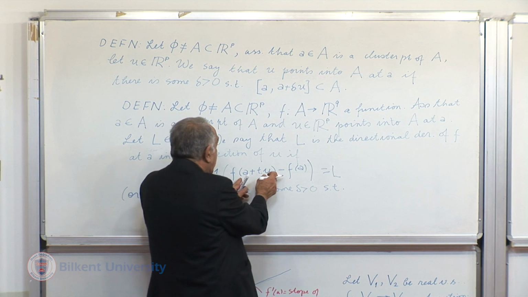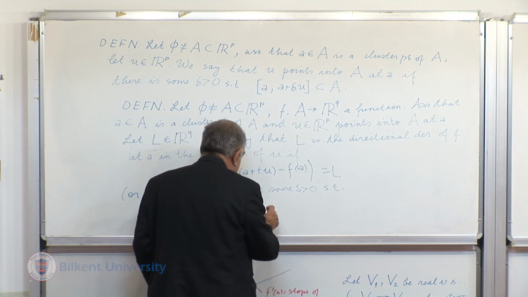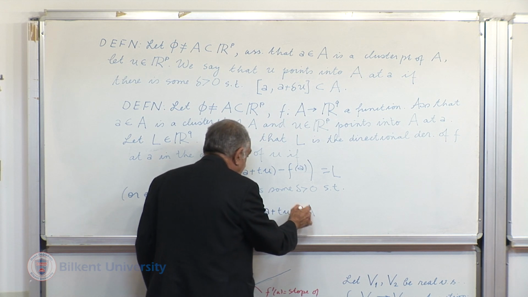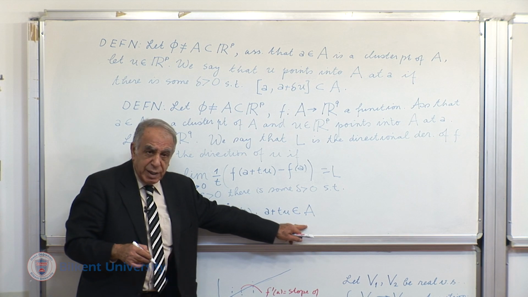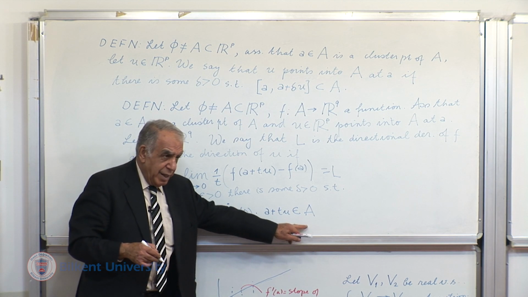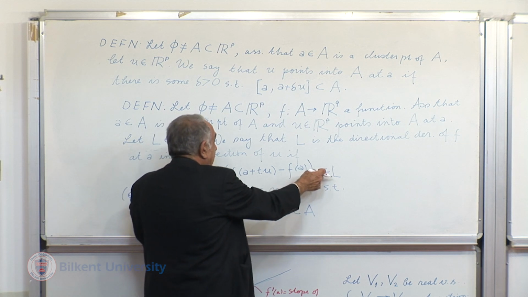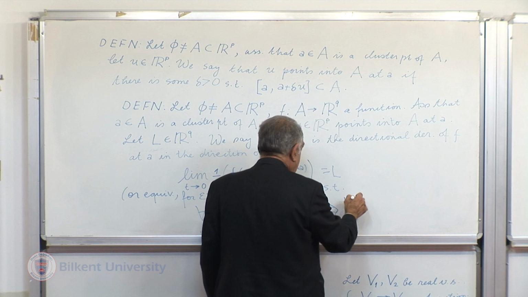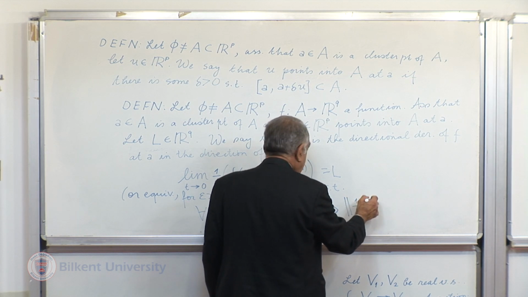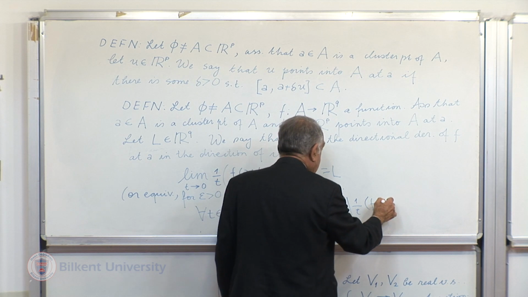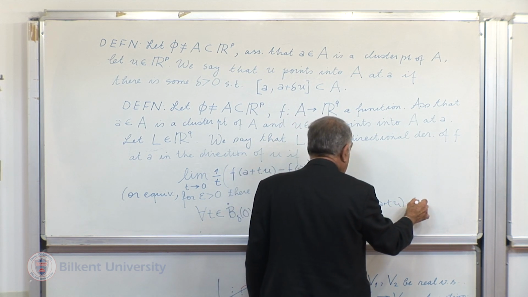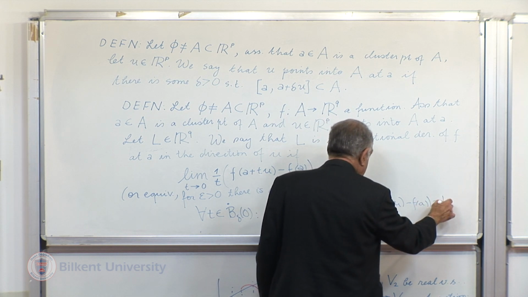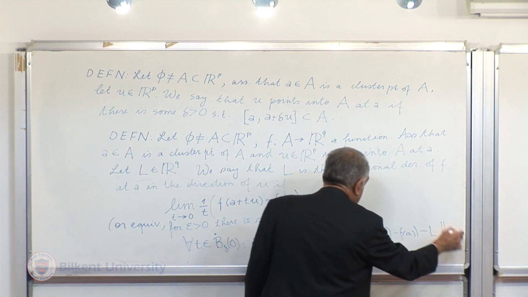Okay? This should stay in capital A, but so I can write that in an alternative formulation. If a plus tu is in capital A, thus this t is in the domain of this function, this implies that the norm of 1 over t times f of a plus tu minus f of a, minus L, is less than epsilon.